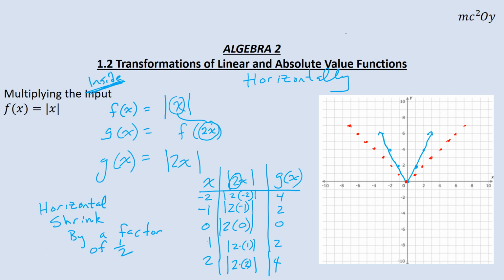This point that was 2 units away is moving inward to now be 1 unit away. This point right here, what was 4 units away, is now 2 units away. And that one's 6, it would now be 3 away.